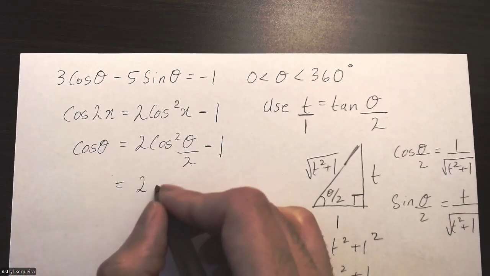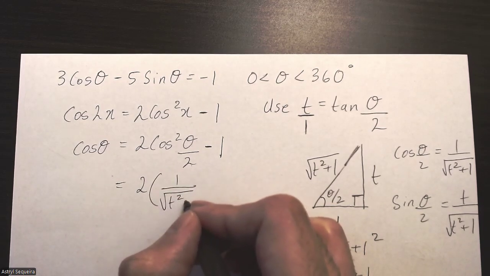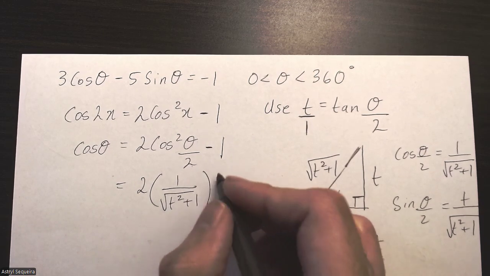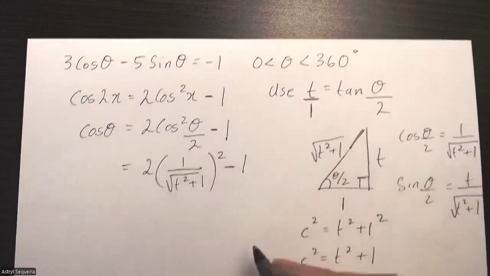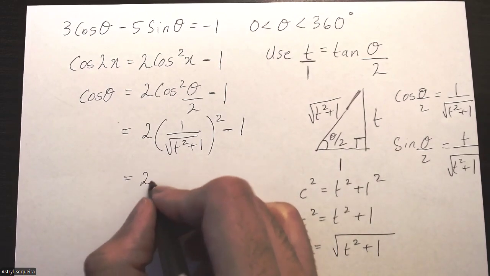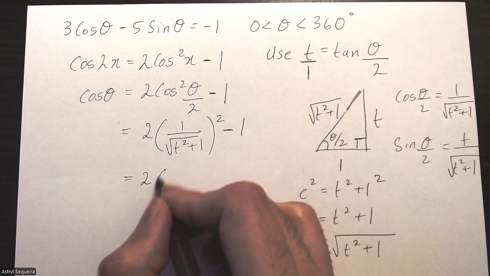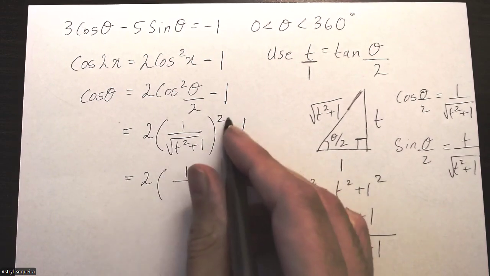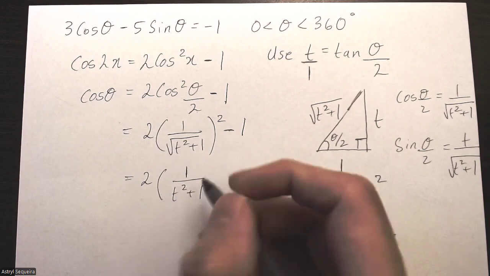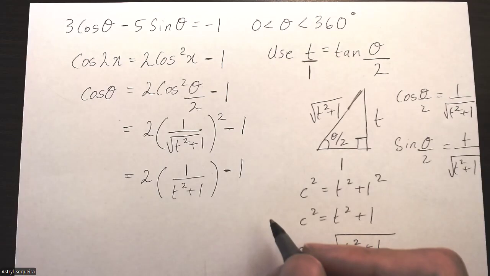It's going to be 2 times 1 over square root of t squared plus 1, squared, minus 1. Now I can just simplify this. 1 squared is just 1. Square root and square cancel, so just t squared plus 1 on the bottom, minus 1.